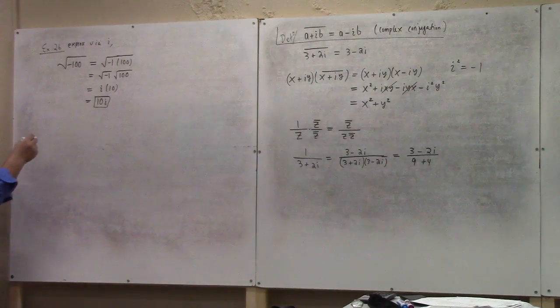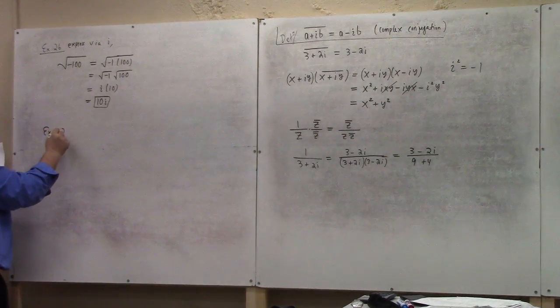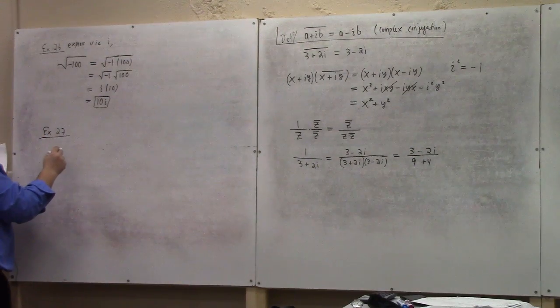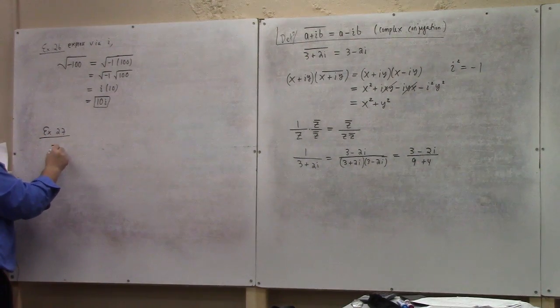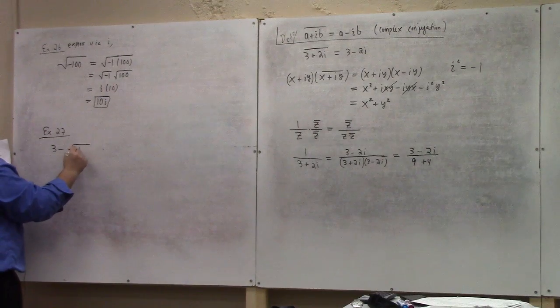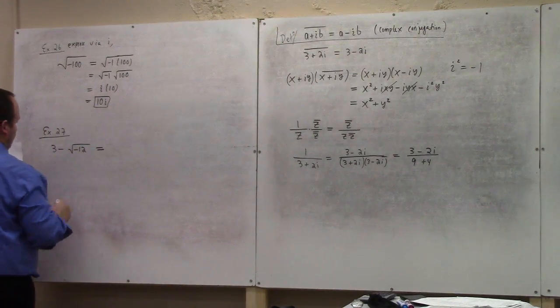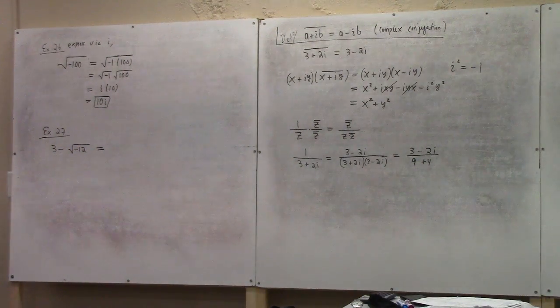Exercise 27. You have 3 minus the square root of minus 12. You're supposed to express with i. So how's it supposed to be in the radical?